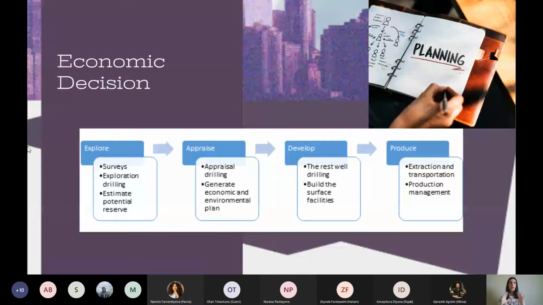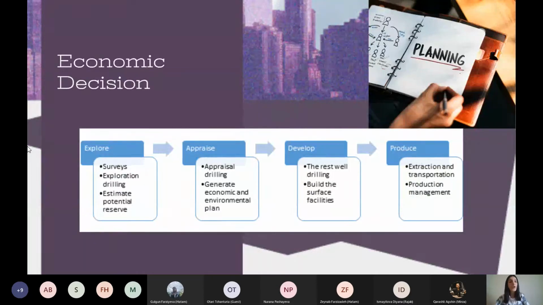What does it mean? Imagine you're an investor and you would like to invest in a petroleum project. Firstly, you have to do some surveys. These are geological surveys, so that you can make sure that if you try to find petroleum, you will be successful or not. You collect some data that, for example, in this area, in this land, there's a potential or probable reserve according to geological data.